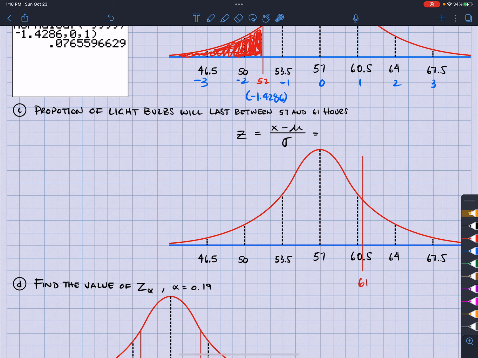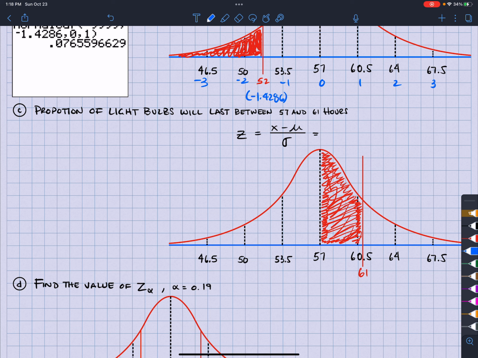So here's 57, here's 61. So I really want this area right there.